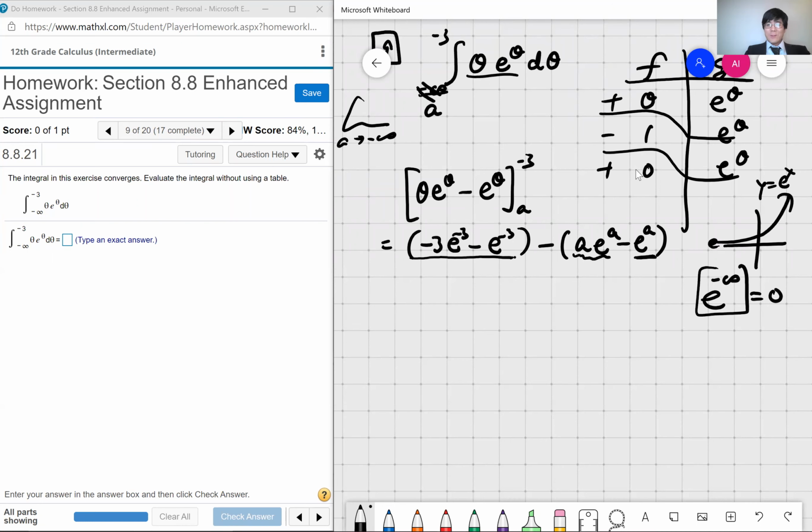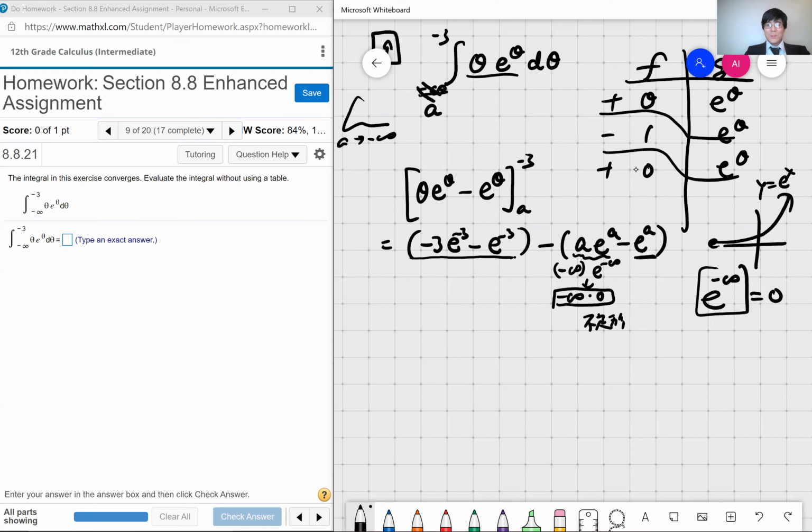This one is a harder one because this is going to become negative infinity times e to the negative infinity, which means infinity times 0, which is an indeterminate form. So that's kind of harder to evaluate.